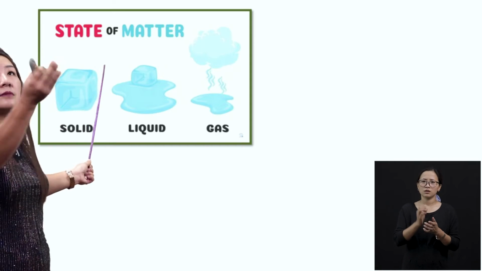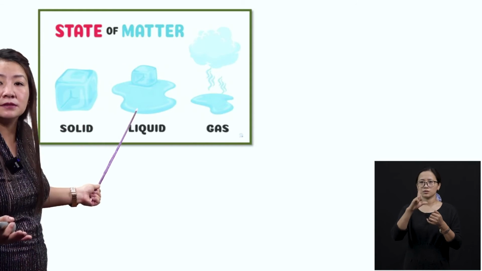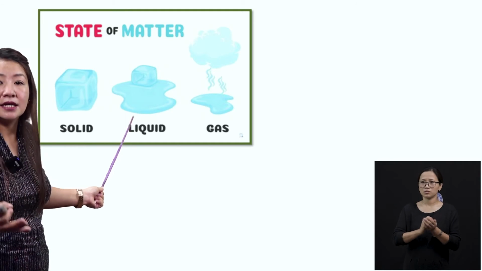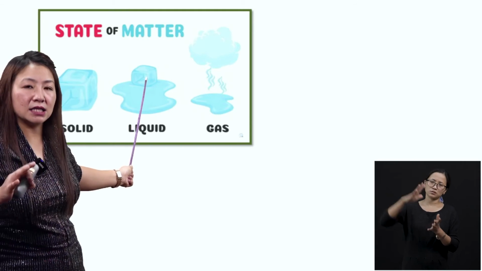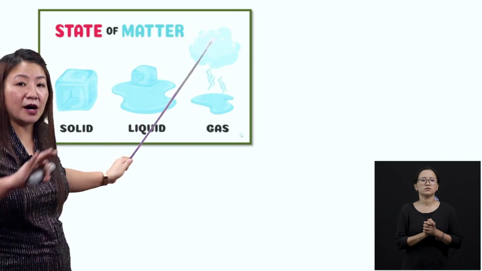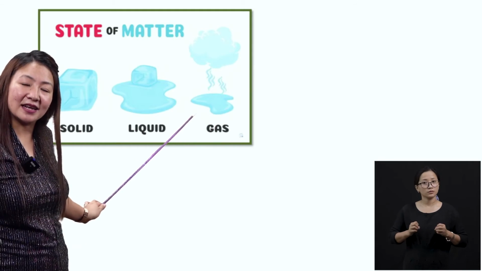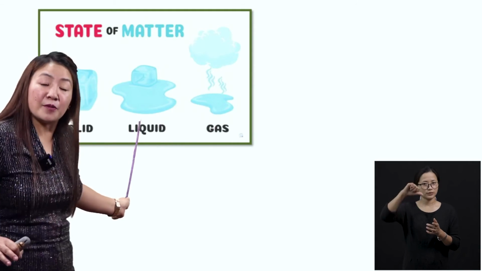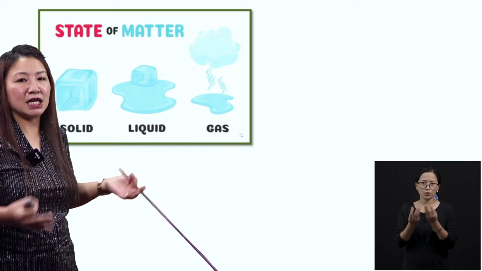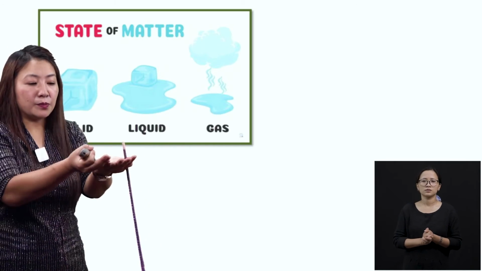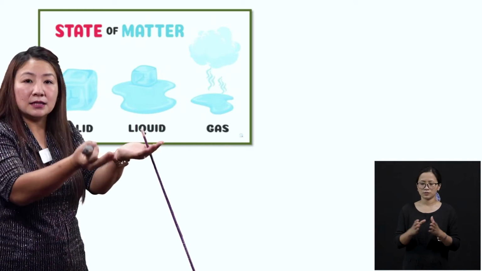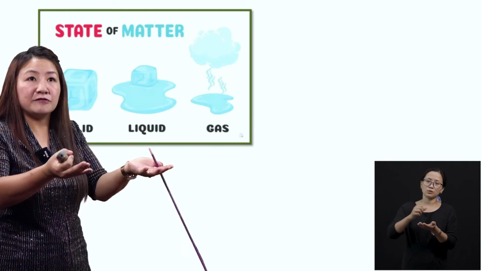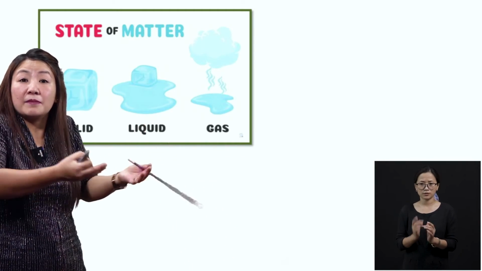Now if you bring it out and keep it in the open, or if you heat it, it will melt. The solid will become liquid, isn't it? Then if you keep heating the liquid, you put the water in a pan and boil it, after 10 minutes you see it will become empty.